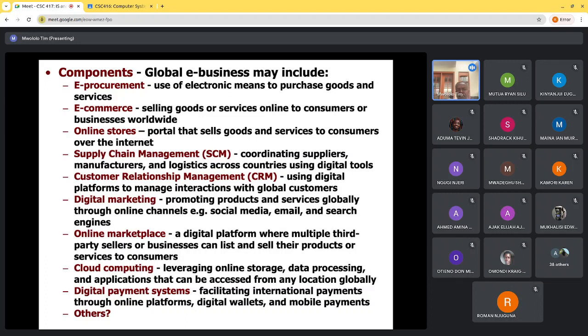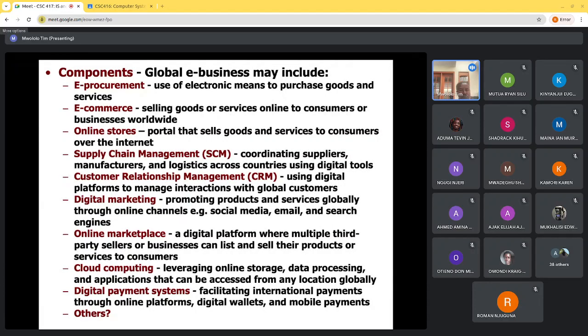What are the components of a global e-business? These are various components. You could have electronic procurement, e-commerce, where you sell your goods and services online. You could have online stores where customers can go to the portal and purchase something.